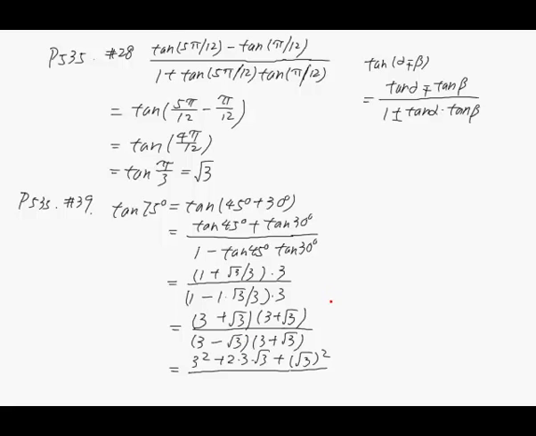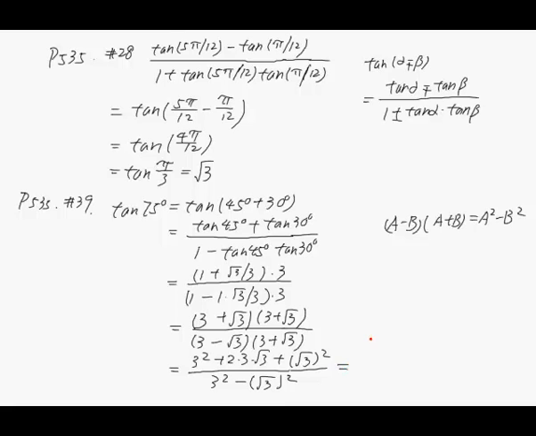So a minus b times a plus b is equal to a squared minus b squared. So now you have 3 squared minus the square of root 3.